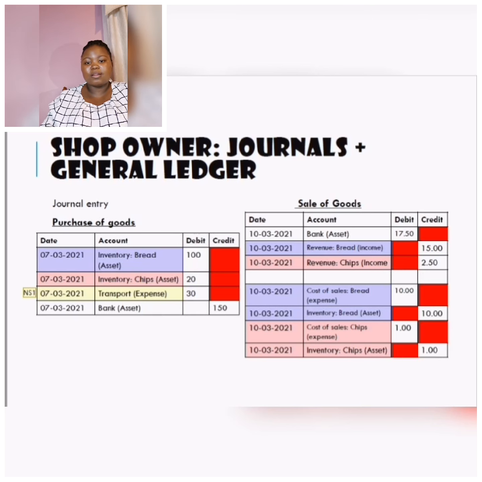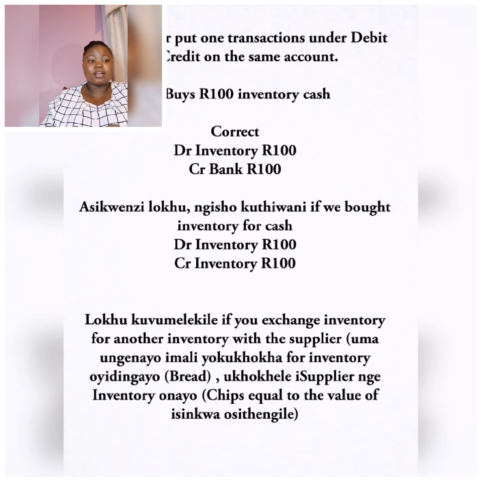What I mean by that is, let's say you buy your inventory, for example, for this bread, he bought 10 bread, so that's 100 rand. You can never, on the same line, record that inventory increases on the debit side with 100 rand, and then also credit the same 100 rand at the same time.